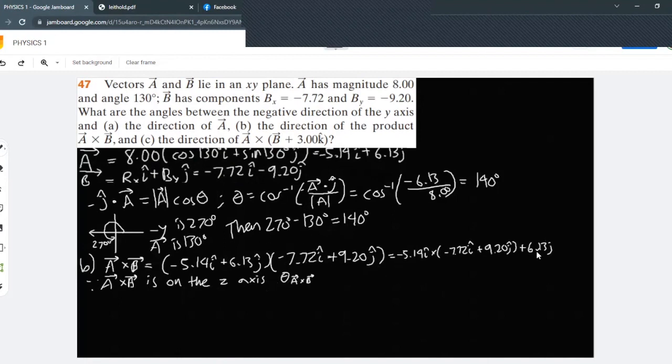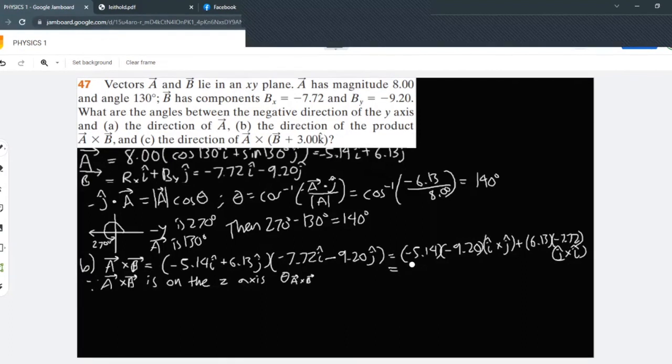Okay, so I cross J is going to be positive K. Positive K. Then J cross I is negative K. So the first term is negative 5.14 times negative 9.20 I cross J. Don't go straight, I cross J. Plus 6.13, sorry, 6.13 times negative 7.72 J cross I.